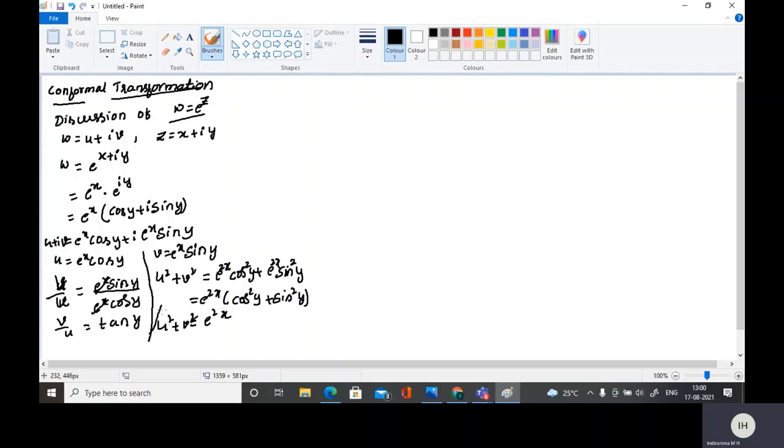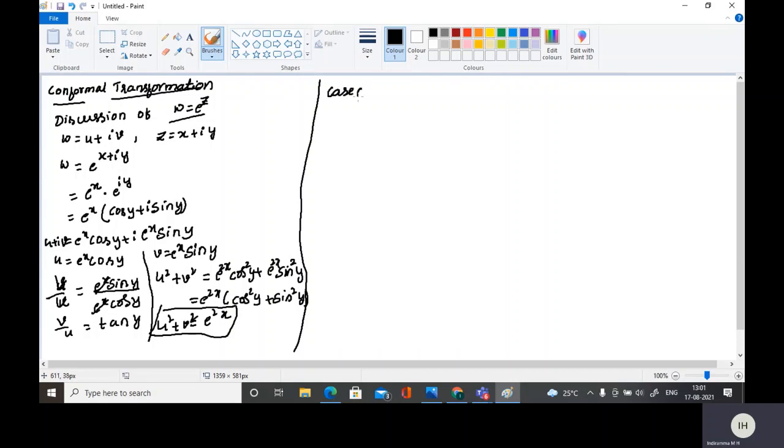So now we have formed two equations, one by eliminating x and another by eliminating y. From this we first consider the curves in the z plane and find the images of those curves in the w plane.